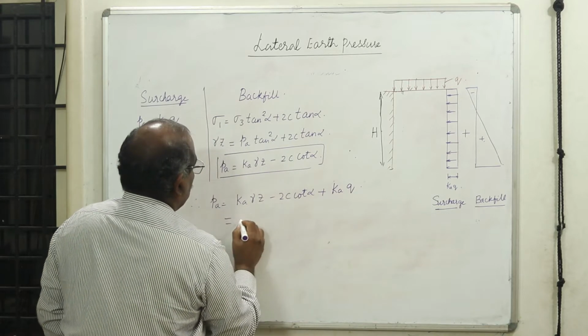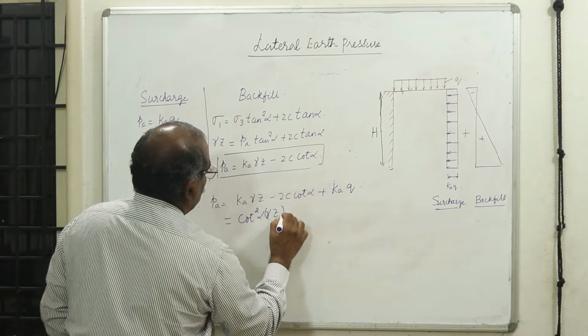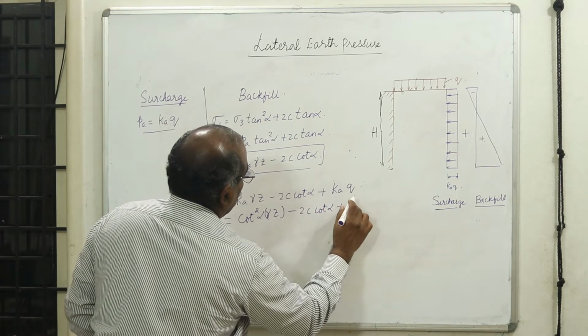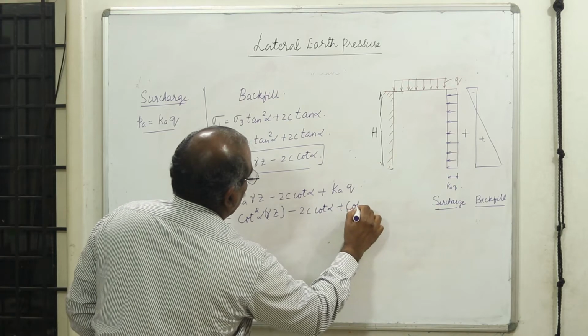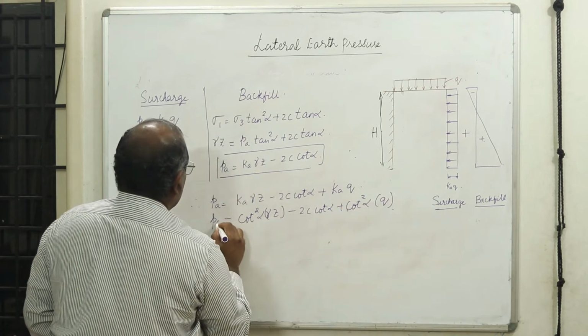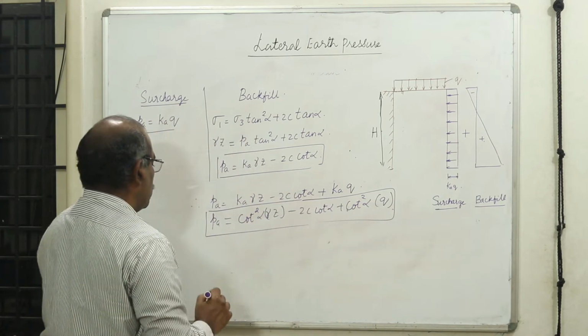What is Ka? Cot square alpha into gamma z minus 2c cot alpha plus K, which is nothing but cot square alpha into Q. Now this is the expression for the intensity of earth pressure.